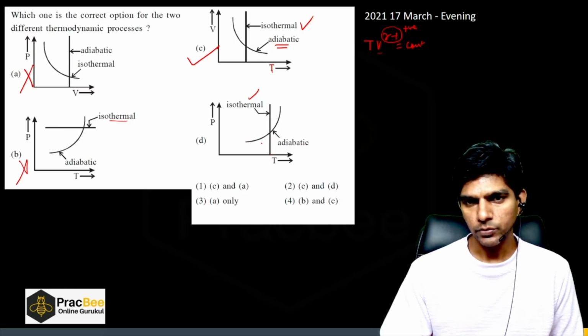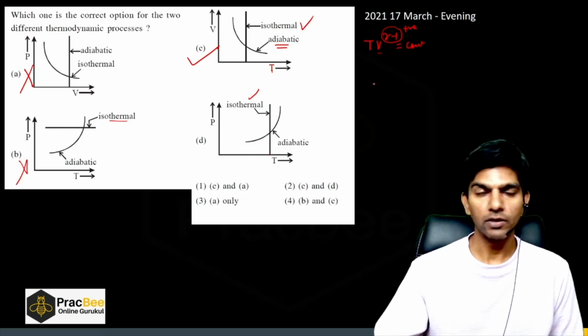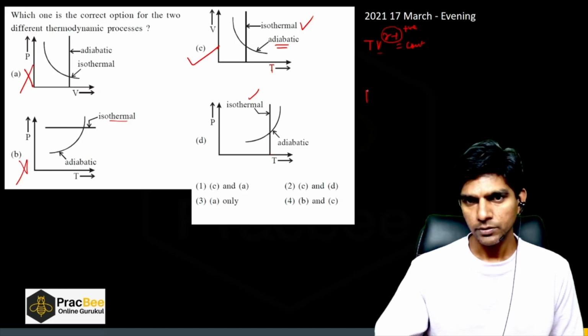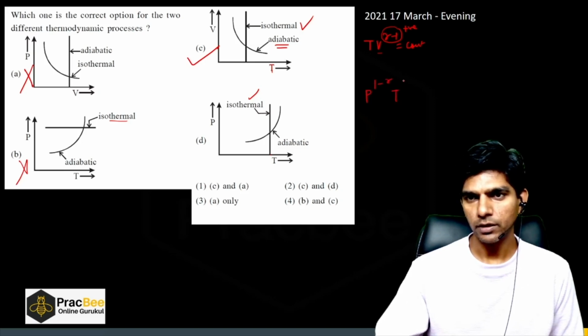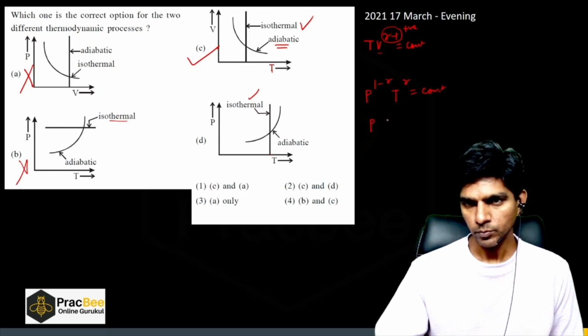And for the adiabatic process, can you see as the temperature increases, pressure is also increasing. Now let us see the relation. We know that P raised to power 1 minus gamma, T raised to power gamma is constant for an adiabatic process, or we can write it as P times T raised to power gamma upon 1 minus gamma.